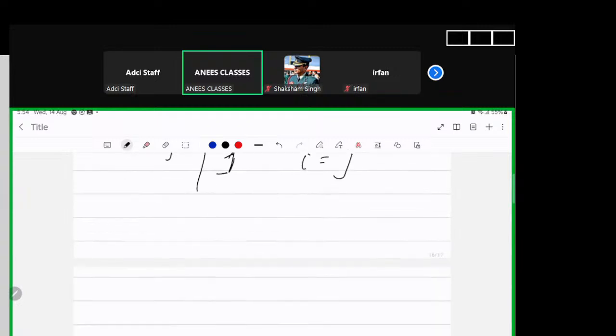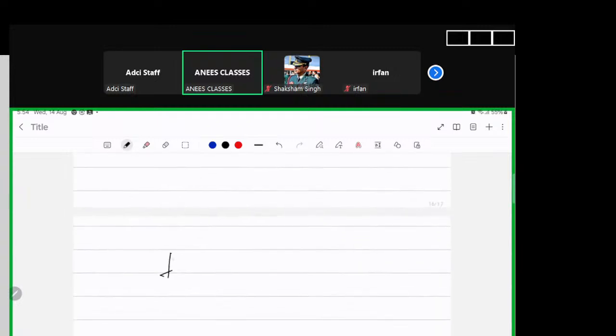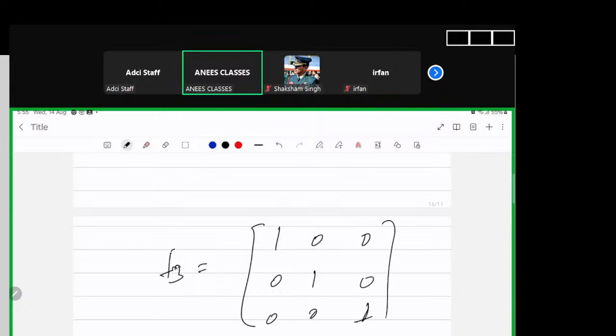For 2 by 2, I2. For 3 by 3, I will write I3: 1 0 0, 0 1 0, 0 0 1. Right? Tell me everyone. Yes, sir. Understood.